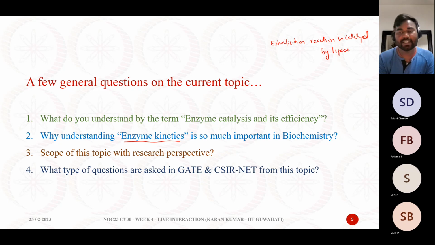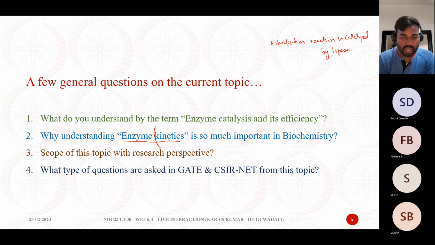After that, how much faster this reaction will be than others, and what the mechanism of the catalysis is, going into depth, you need to understand enzyme kinetics.